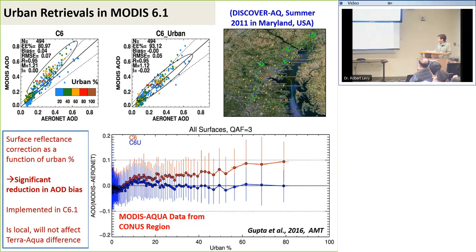By making a simple correction, Pawan Gupta, who was in our group, was able to reduce that high bias over urban areas, with urban percentage meaning that 100% would be a completely urban pixel. And so that's in our algorithm as well.